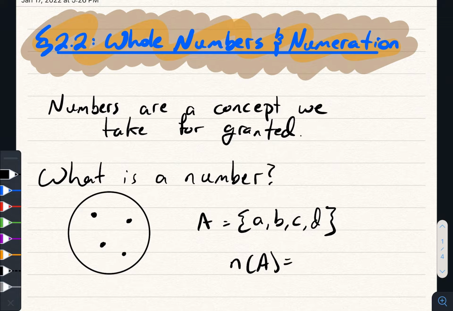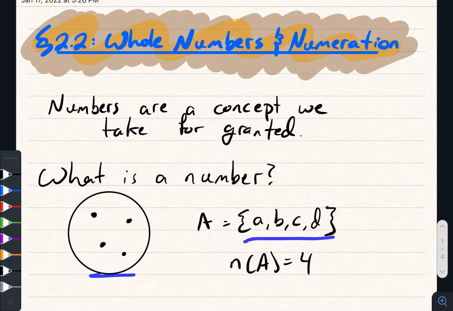So the number that we assign to this set, the number associated to the set A, in our base 10 number system, we would write this symbol and call that 4. And we would say the same thing for whatever this set over here is.